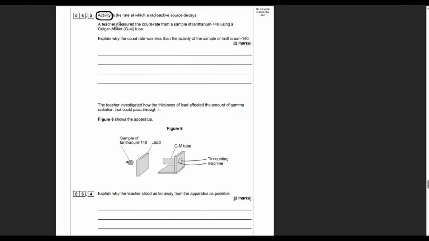The activity and the count rate are two ways of measuring radiation, but they're different. I'm going to give you the definitions.